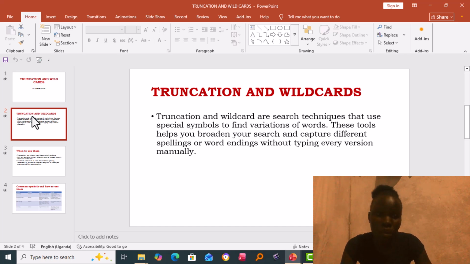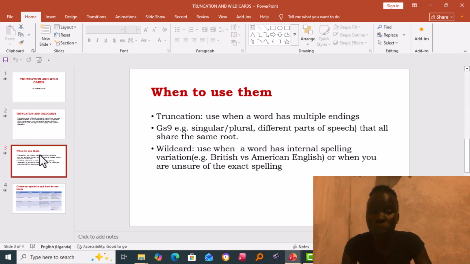By use of these symbols you're able to get your aimed answer.